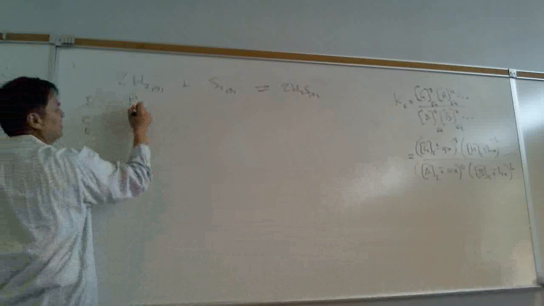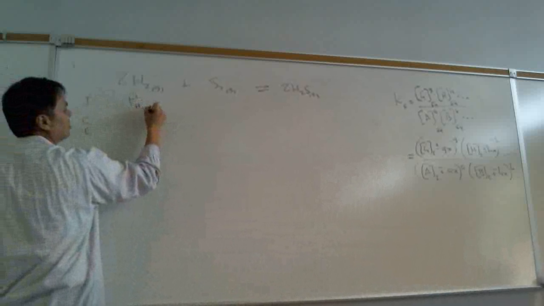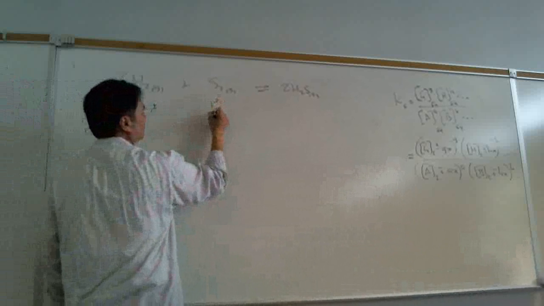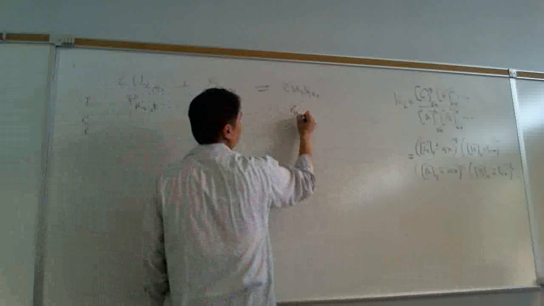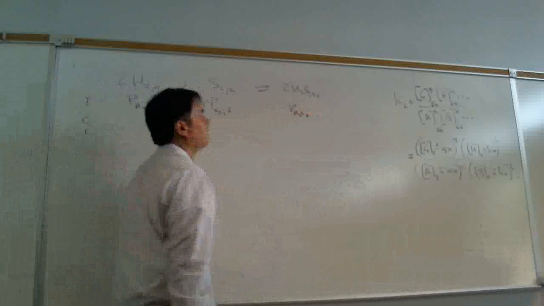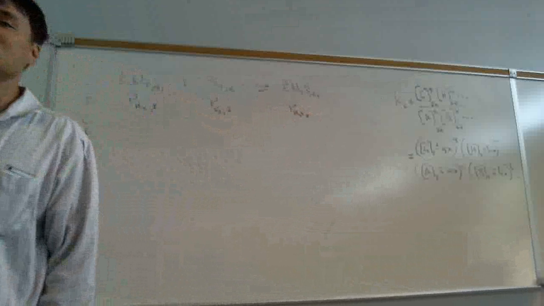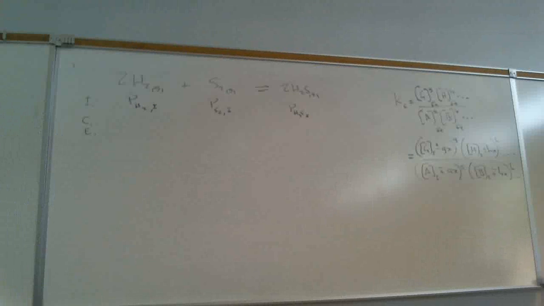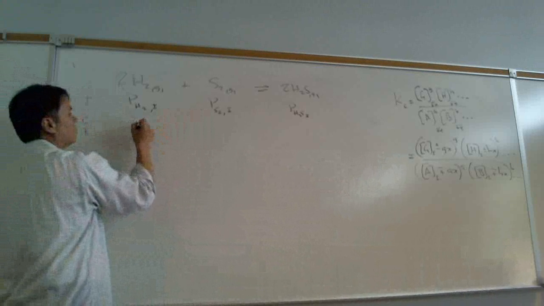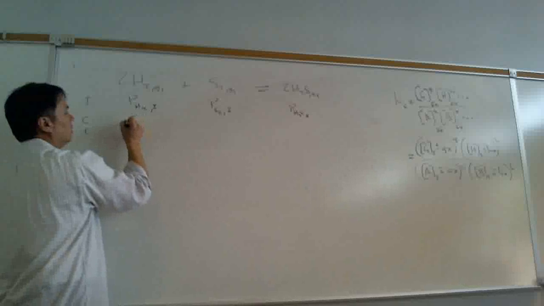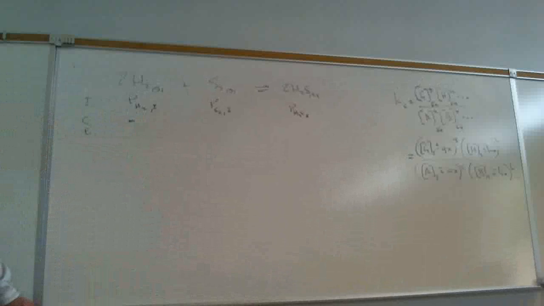To fill out the table, I need the partial pressure of hydrogen initial, the partial pressure of S2 initial, the partial pressure of H2S initial. And then there's going to be a change. Do we know the direction of the change? No. The change could either be the forward reaction or the reverse reaction. So we'll just do forward. In this case, what is little a? 2.